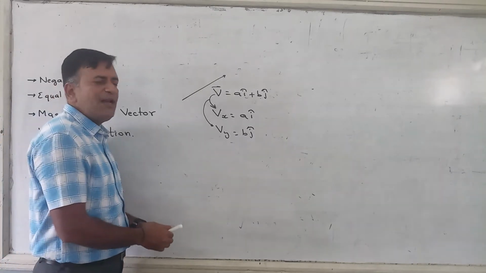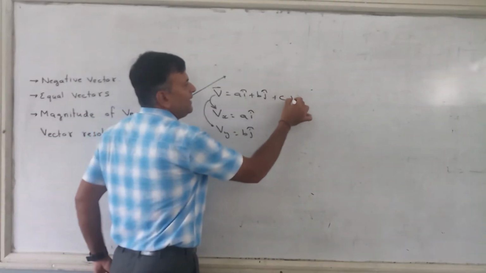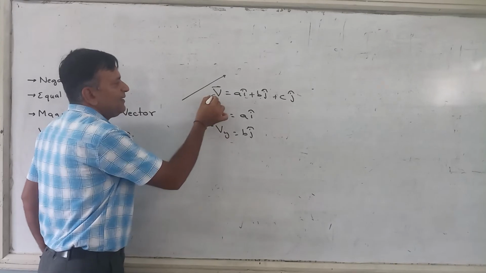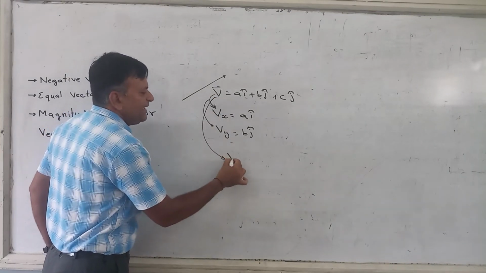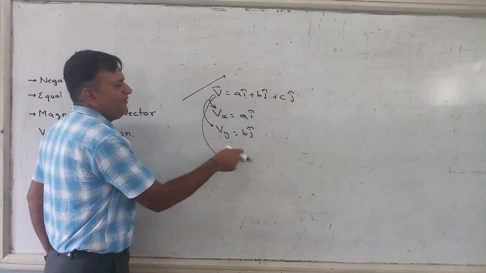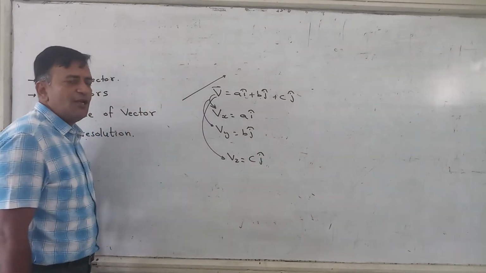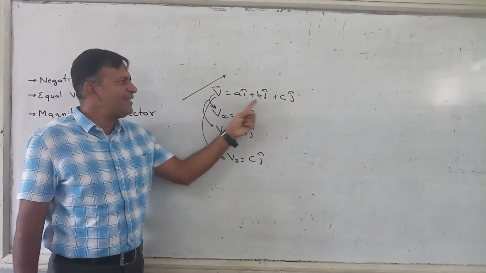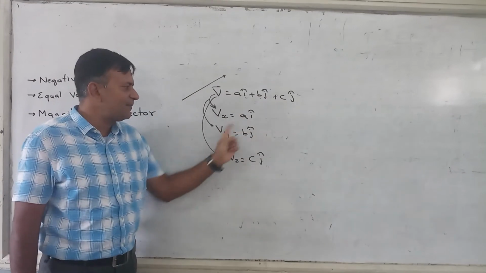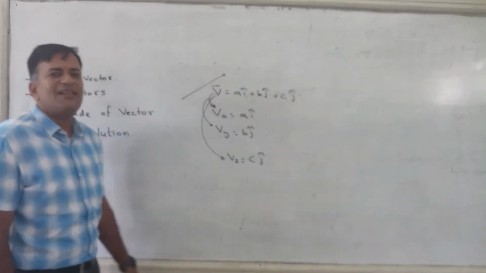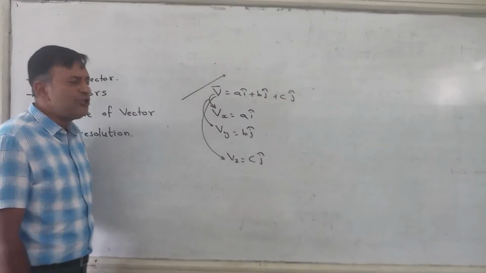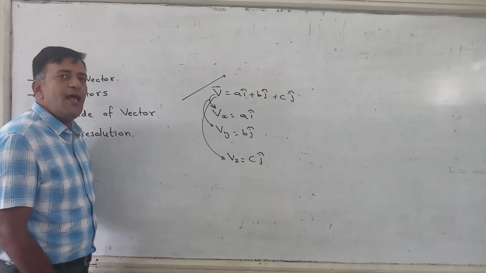Okay, if I have one more component, plus ck cap, then what is the z component of this vector? It is ck cap. So dividing this vector into x, y and z, different directions, is known as vector resolution. Got it?